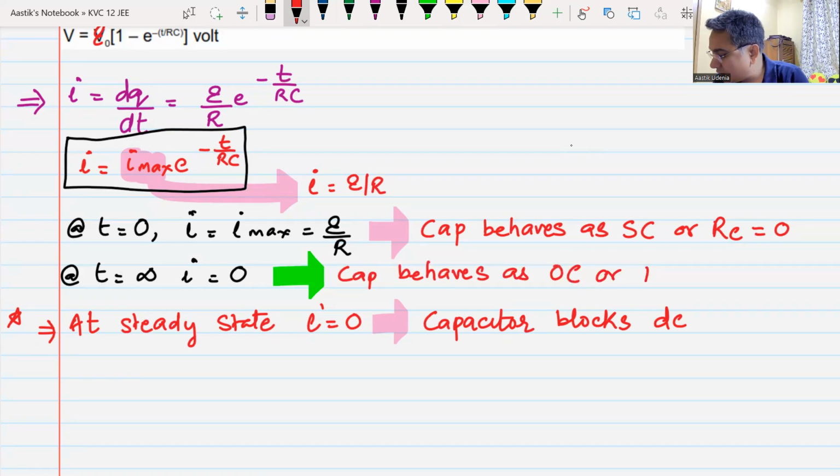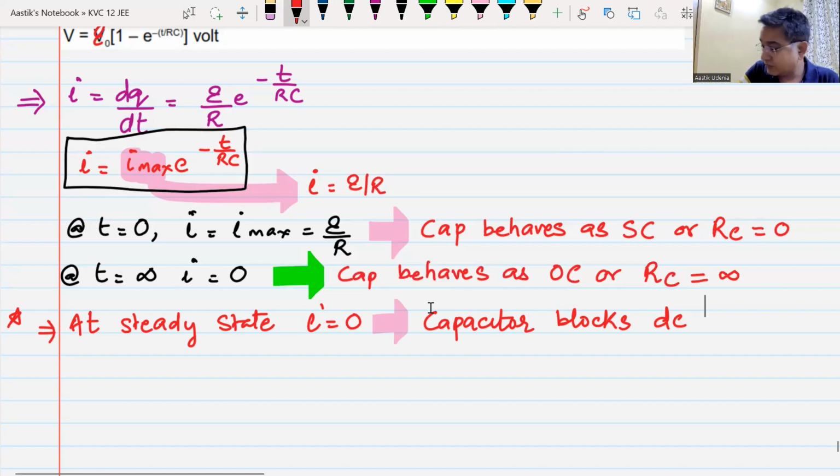Or I can say the resistance offered by the capacitor becomes equal to infinite, and it will not allow any current to flow through this. Do we understand this? Everyone understands what I am writing here? This is charging of the capacitor.